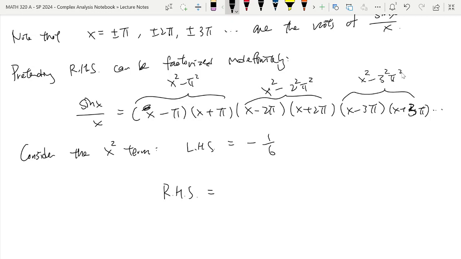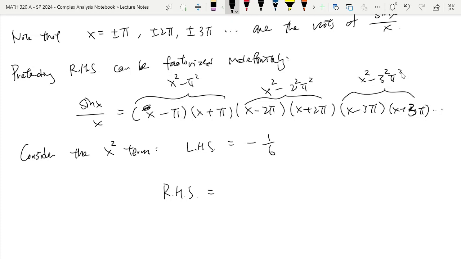If you look at the x squared term, first combining this, then we get pi squared times 1 times 1 times 1, and so on. If you get an x squared term, you want it 1 times that, and so on.